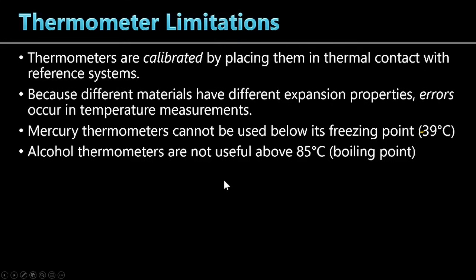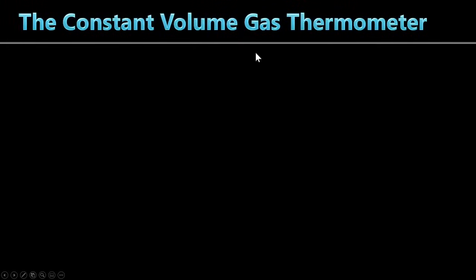Again, because of the dependence of the temperature measurements on the materials used, there is a need for universal thermometers whose readings are independent of the materials used. Sir, may alam ka bang ganyang thermometer? Yes, no? One such thermometer is what we call the constant volume gas thermometer.